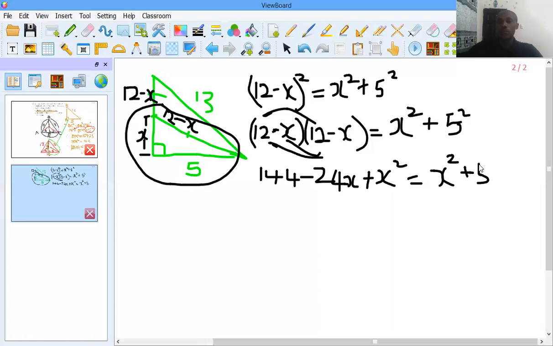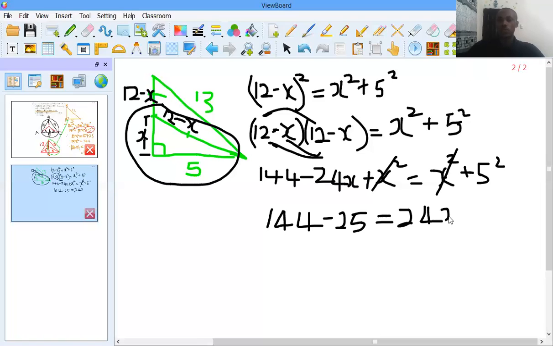Okay, so when you do this, the next thing is that x squared on both sides cancels, since x squared minus x squared is zero. Now we take that off and see what we have left: 144 minus 25, because 5 squared is 25, equal to 24x.